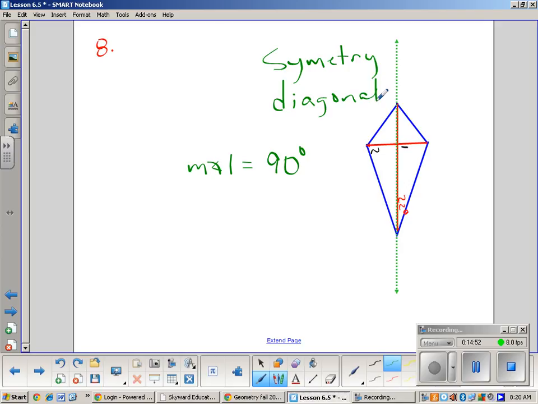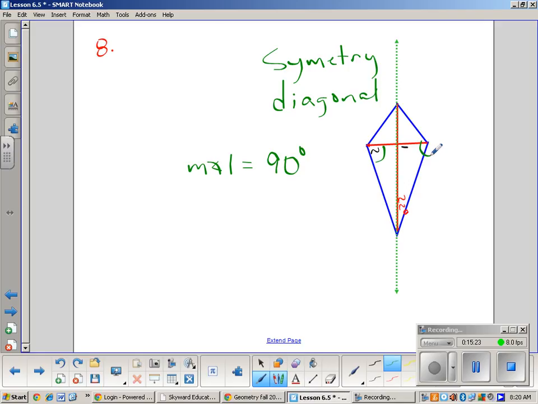What that means is everything on the left side of that line, if folded over the line, would match up exactly with everything on the right side. So the left half of the kite, which forms this triangle, is going to be exactly the same as the right half.